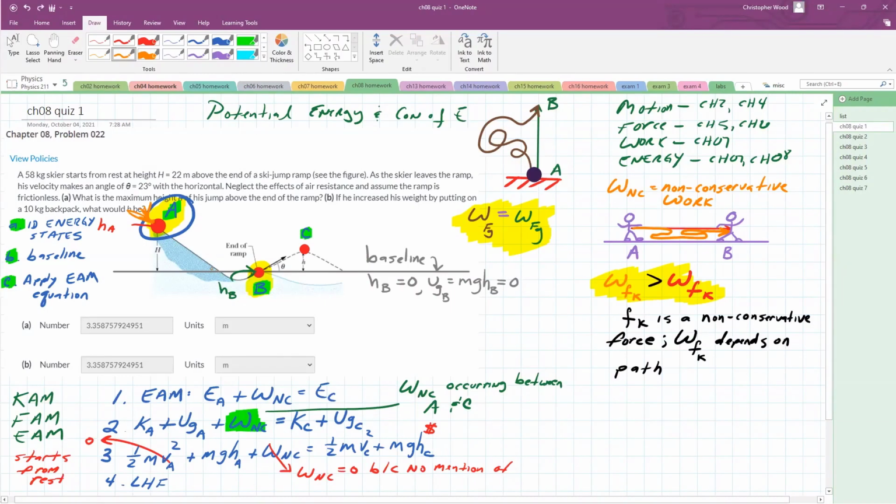But there's no jetpack, no air resistance, no friction, no tow ropes. A tow rope could add energy or take away energy, but there's no mention of energy stealers or energy givers, givers or takers.